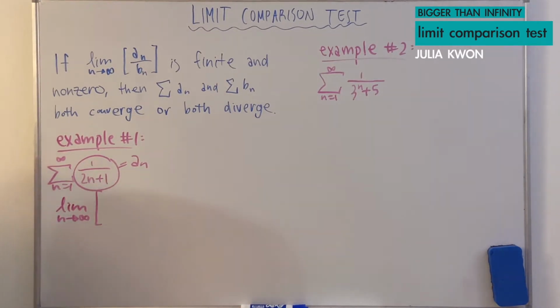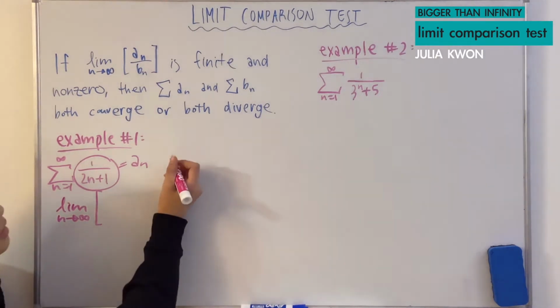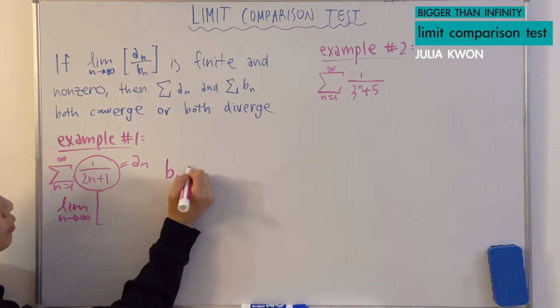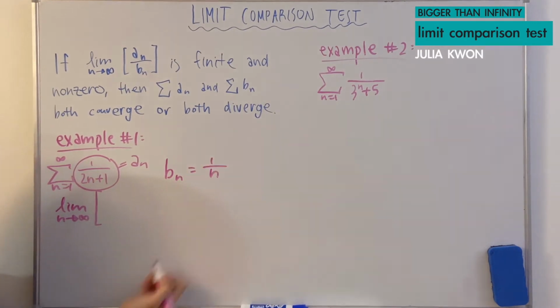And I should mention that b sub n is basically the simplified version of a sub n. So here, our b sub n would be equal to 1 divided by n.